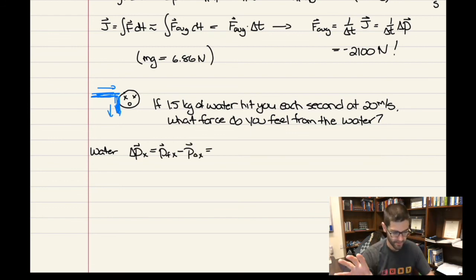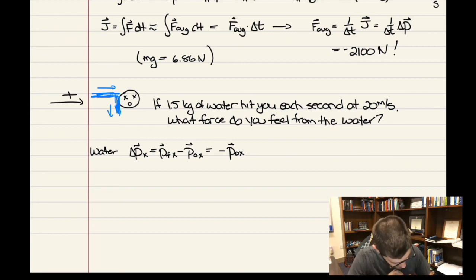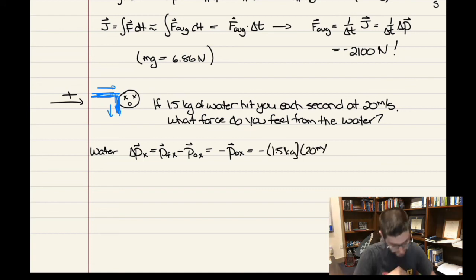It ends up with no horizontal momentum, so this is just negative the initial momentum. Let's make right positive in this case. So this is negative 1.5 kilograms times 20 meters per second.